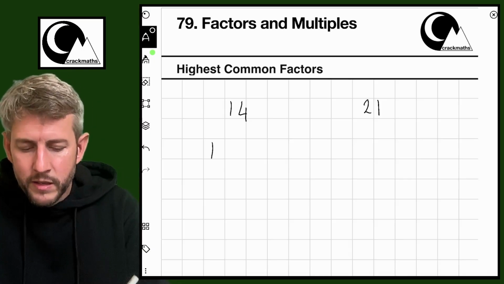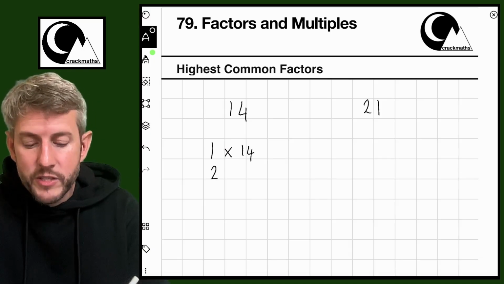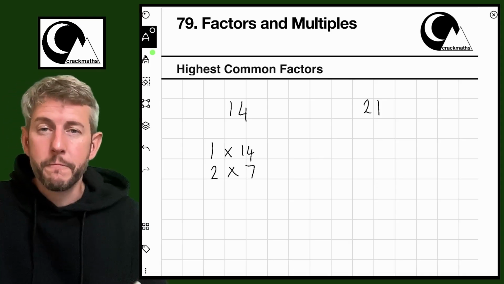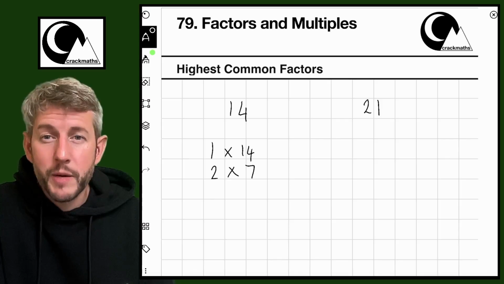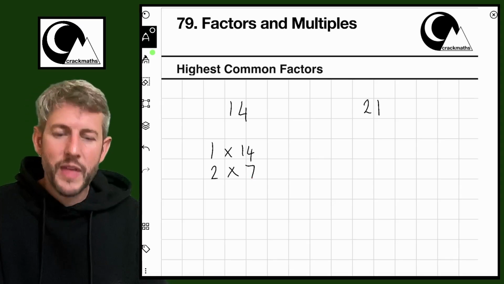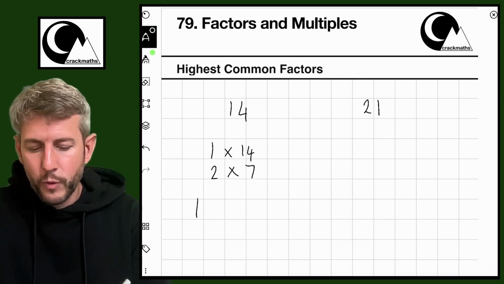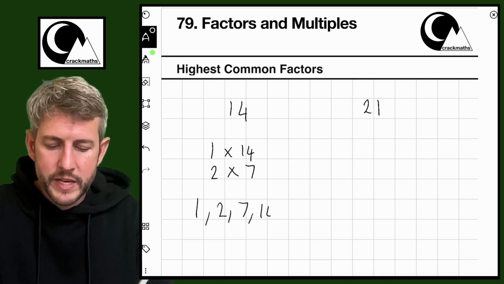Well, 14 can be written as 1 times 14, or we can do 2 times 7. 14 can't be divided by 3, 4, 5, or 6, and then we're back at 7, and so therefore we've got them all. So the factors of 14 are 1, 2, 7, and 14.